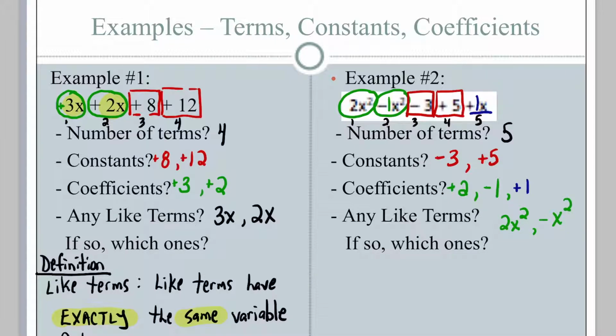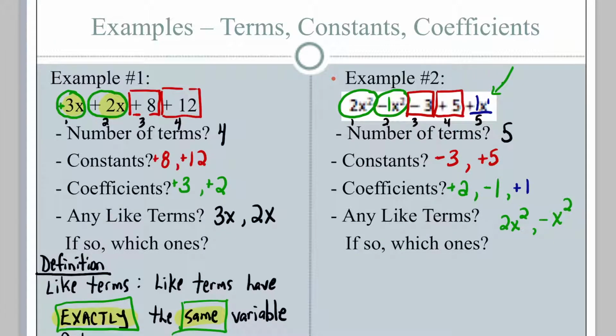And one thing I want to point out, it's very tempting to include the x as a like term with the x squared. That is very tempting. However, notice when we go back to our definition of like terms, you have to have exactly the same variable factors. Well, can we say that an x is the exact same as an x squared? In this case, no, because x squared is raised to the power of 2. It has an exponent of 2, whereas the x has an exponent of 1.